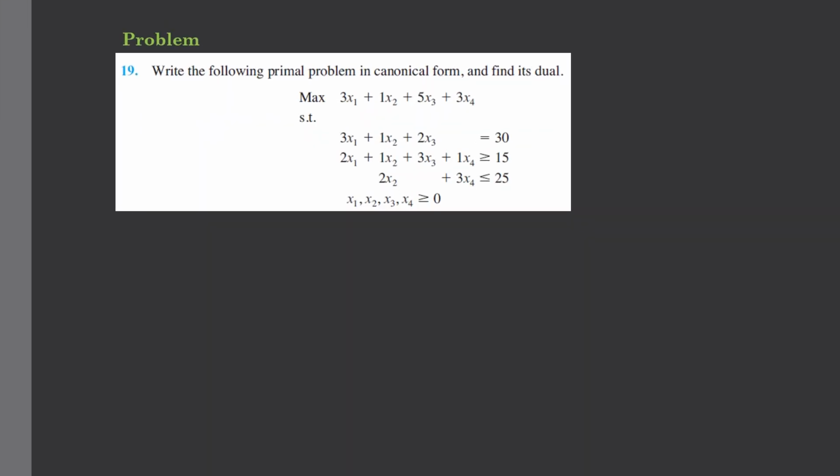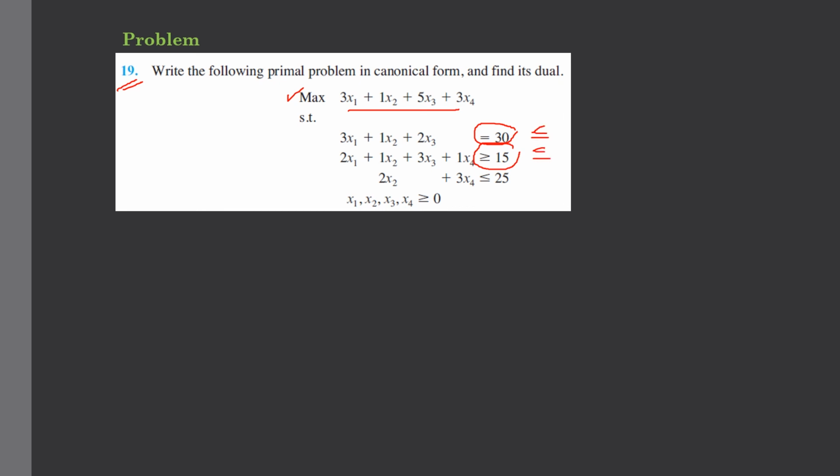Here is another problem from your text, problem number 19. Original problem is of maximization. It has 4 variables, but it's not in canonical form due to first and second constraint. These constraints should be of less than or equal to.